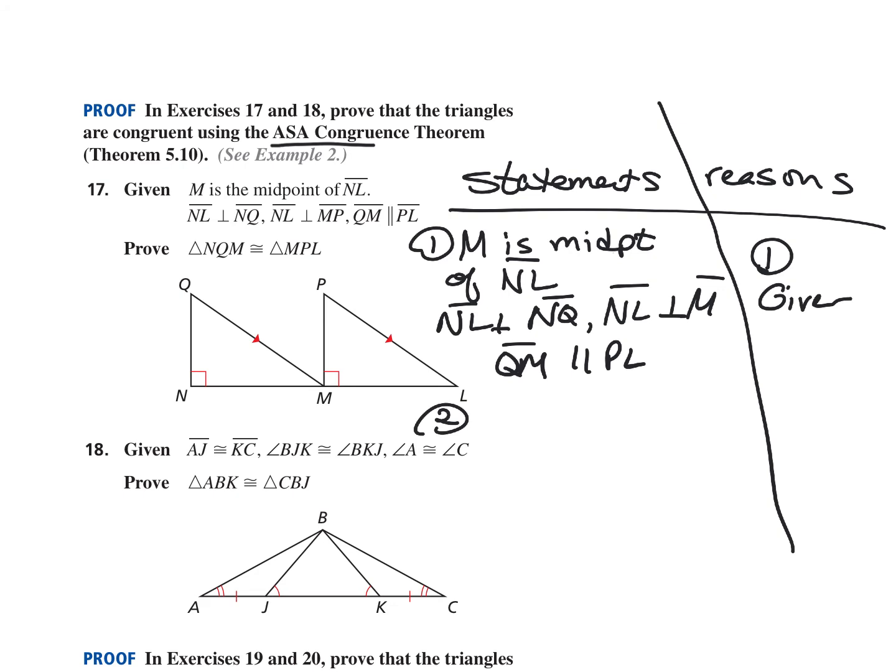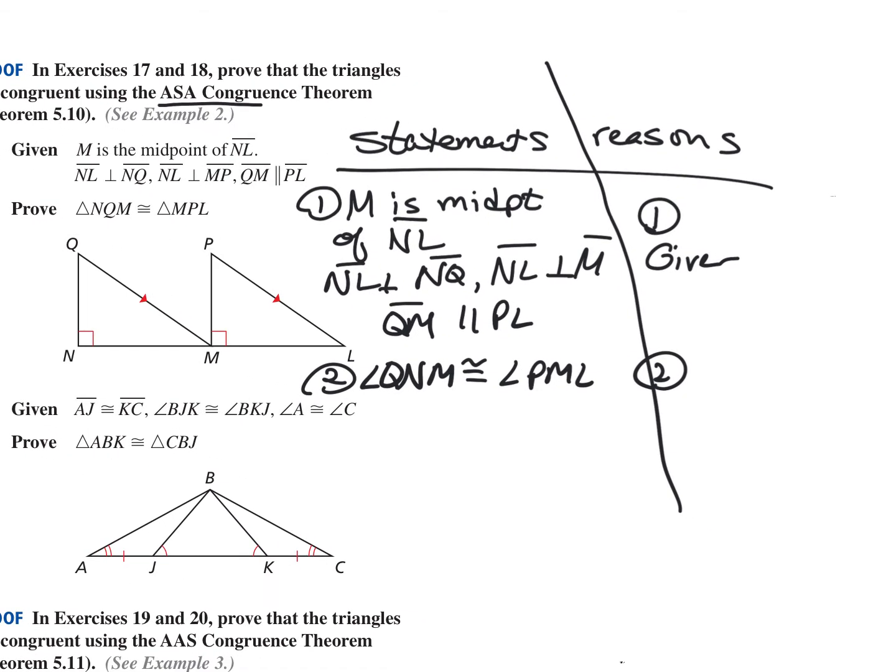And then I could just say all right angles are congruent, or the right angles congruence theorem. So I could say that angle QNM is congruent to angle PML, and I can state here the reason is I could either say all right angles are congruent, or I could call it the right angles congruence theorem.